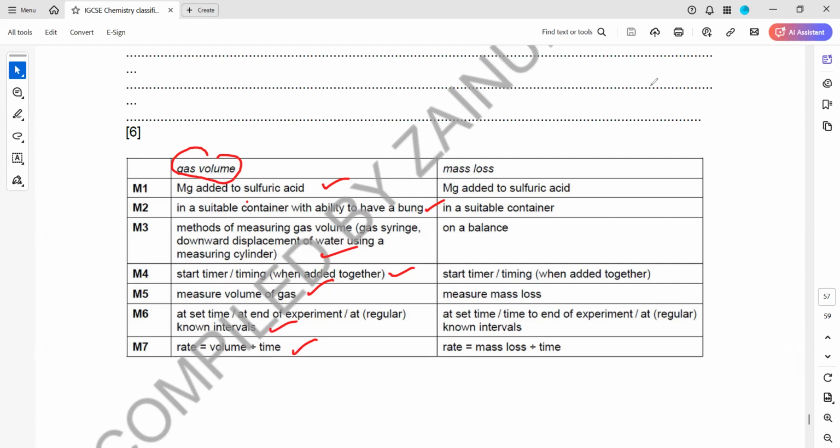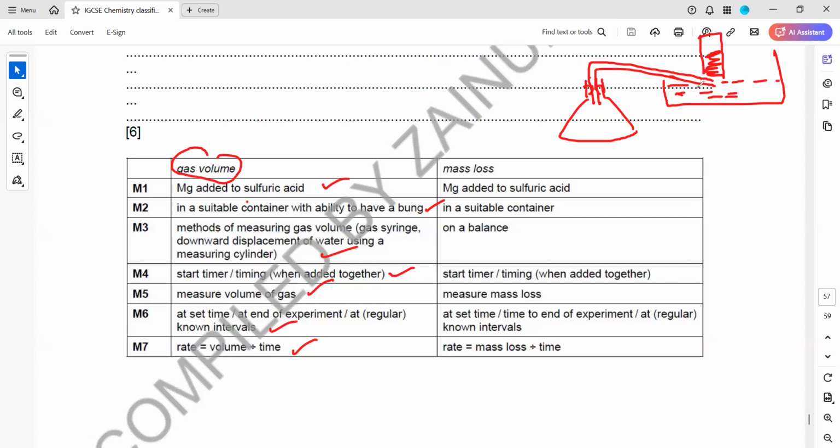What is the meaning of downward displacement? If you have a conical flask, you connect it and you are collecting the gas, and this container was filled with liquid, the water is there.